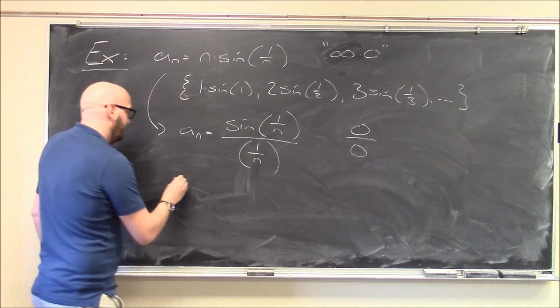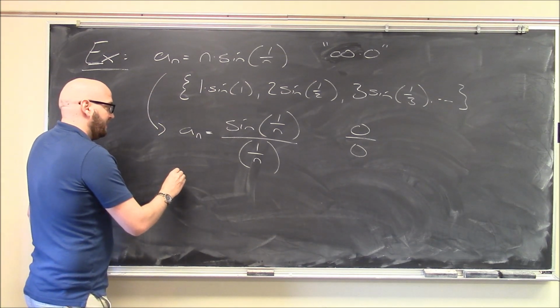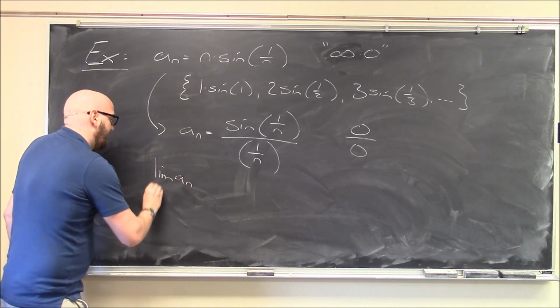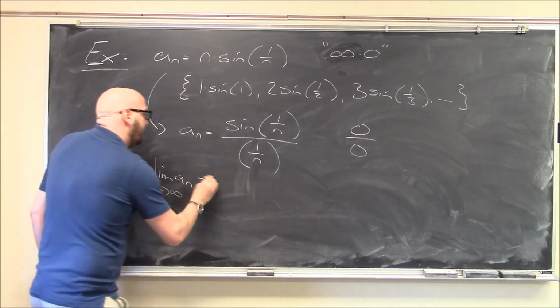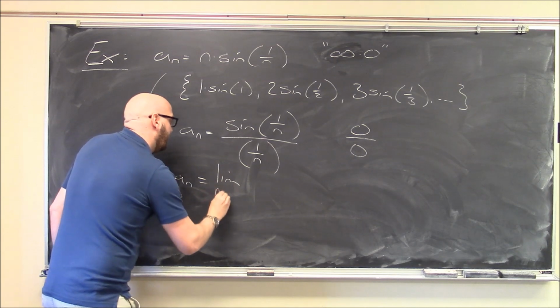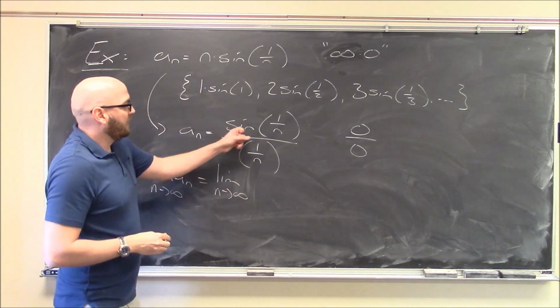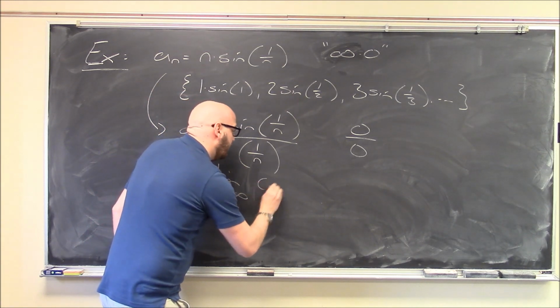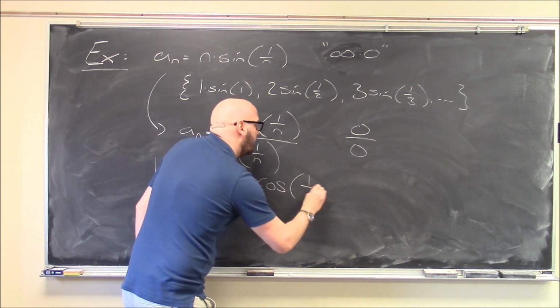So let's see. So the limit of a sub n as n goes to infinity is actually the limit as n goes to infinity of the ratio of derivatives instead. So we'll differentiate this, and what do we have? We're going to have cosine of 1 over n.